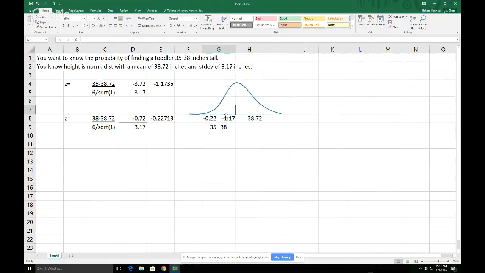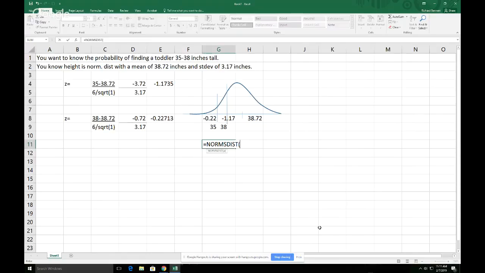Now let me just tell you that Excel works exactly the same way that your chart works. There's a command here called norm dist. There's two of them. One of them has periods, and one does not. The one without the periods is easier to use.